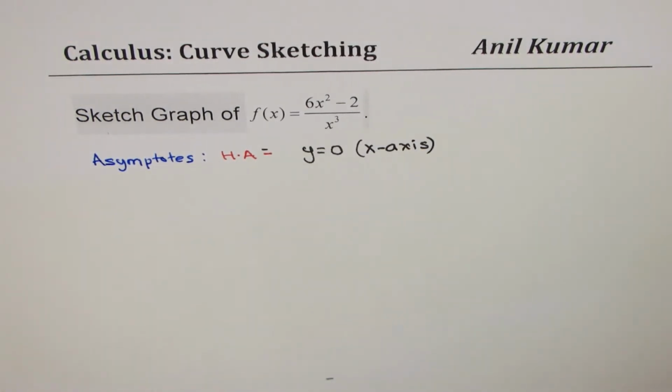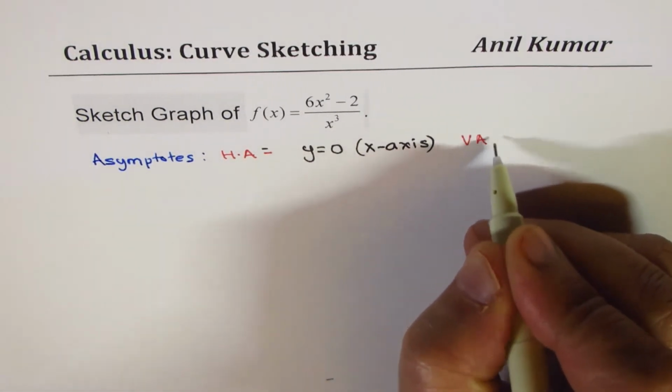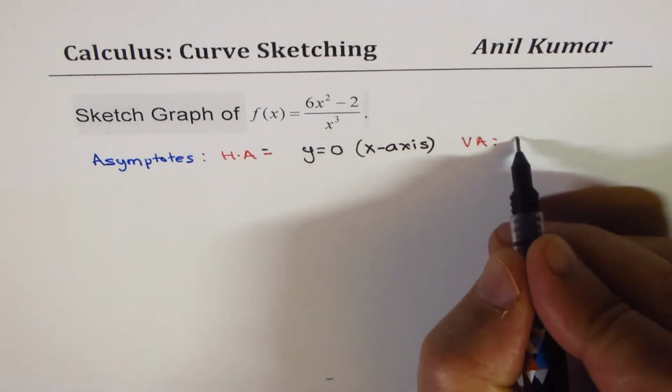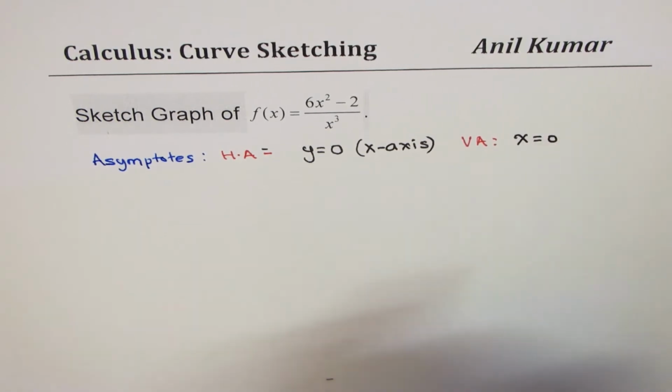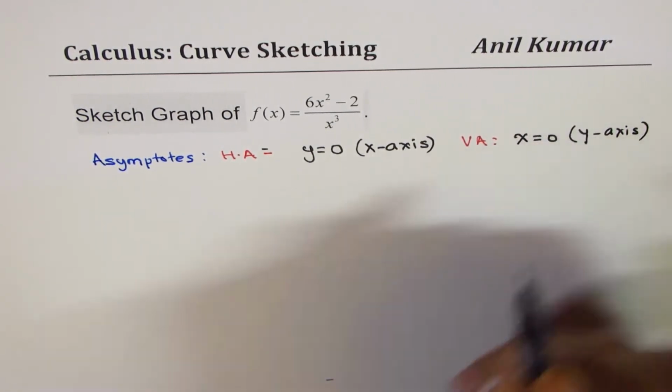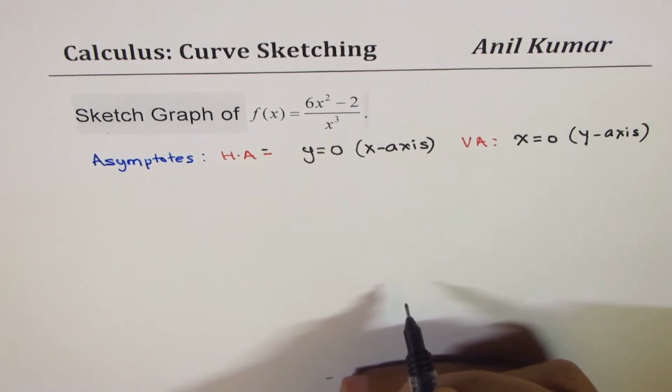In this case, we also have a vertical asymptote, and the vertical asymptote is when x is equal to 0, which is the y-axis, correct? So both axes will act as an asymptote.